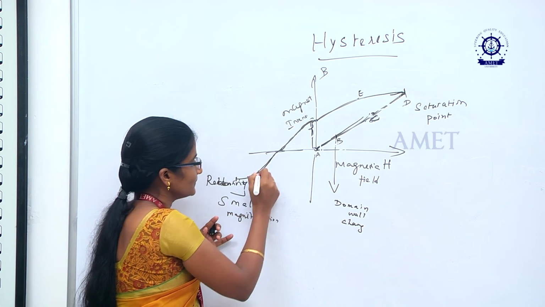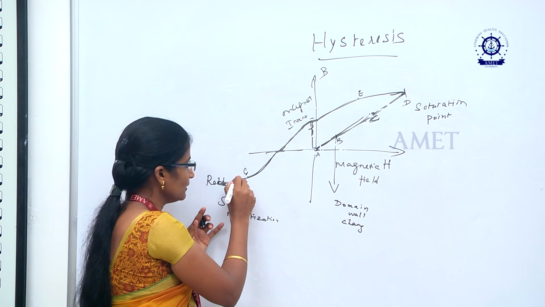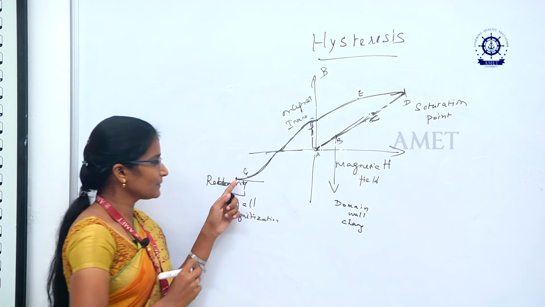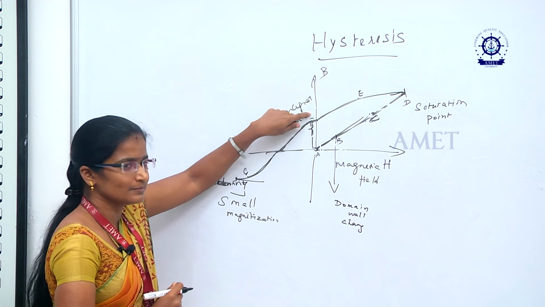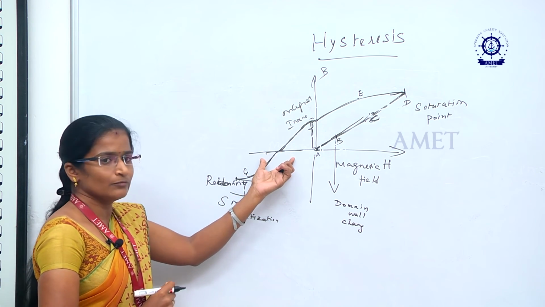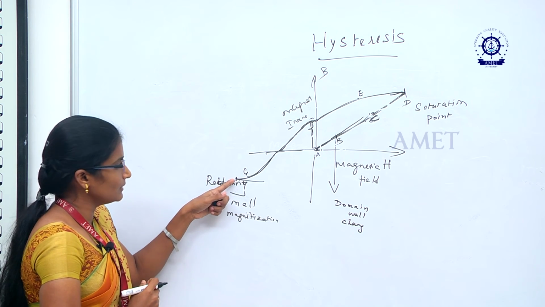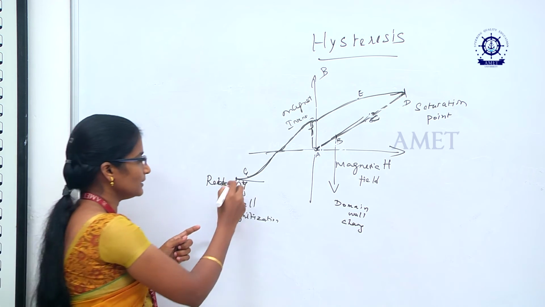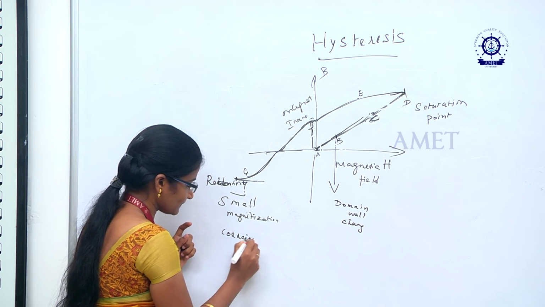This is F, this is G, and this point is the negative saturation point. We are applying negative potential to remove the full magnetic property inside the material. That negative potential reaches a saturation point, and that place is called coercivity.